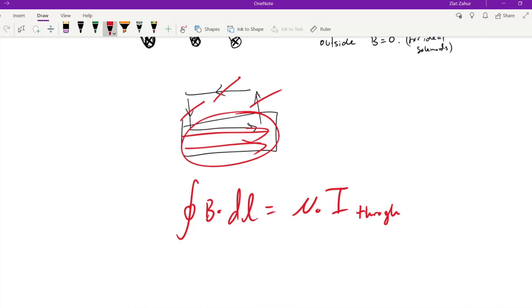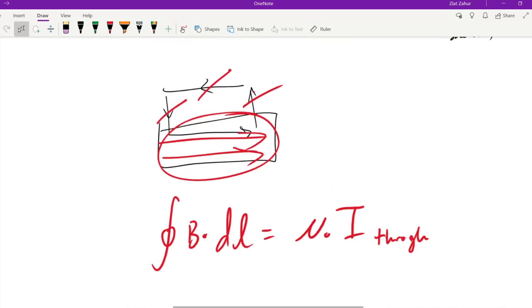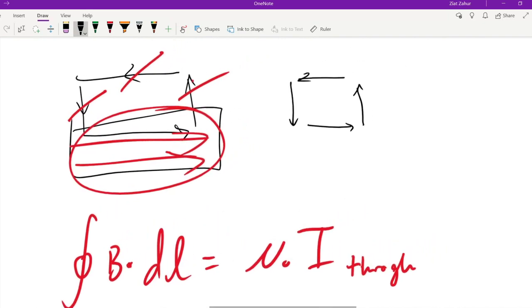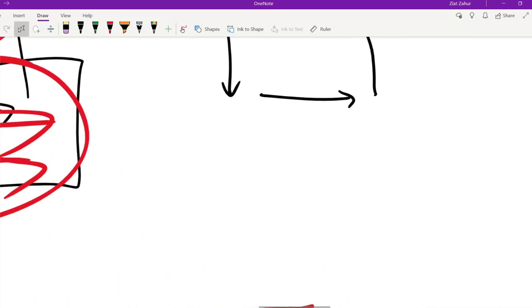And this is where we get our solenoid equation. So B dot DL. If I add in all of the DLs, let's take a look at this diagram again. We're going to add each little infinitesimal chunk here. This is a DL plus the next DL.